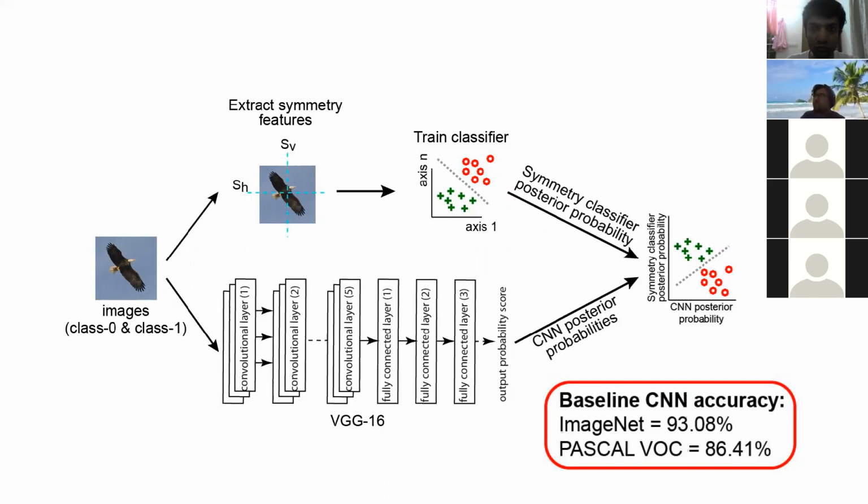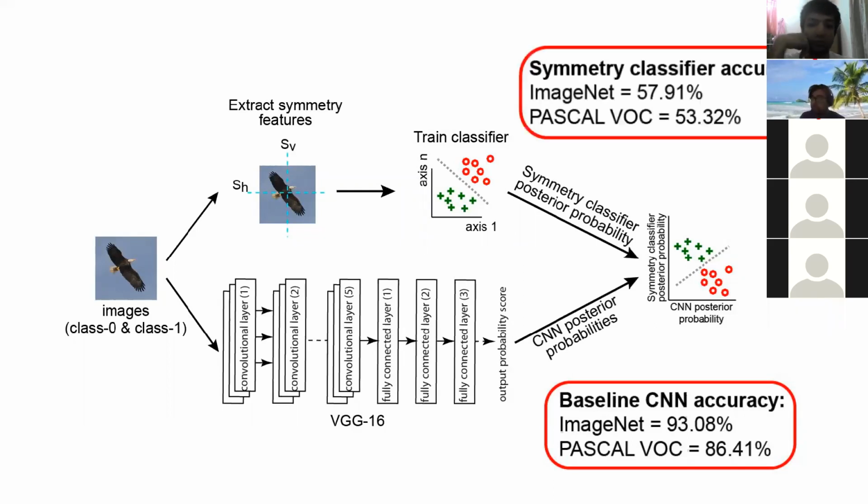And you might ask, this all makes sense in the sense that you're trying to use the symmetry information to influence CNN decision making, but is there any information about these different classes in the symmetry feature itself? To answer that, we looked at purely the classifier performance of the symmetry classifier.